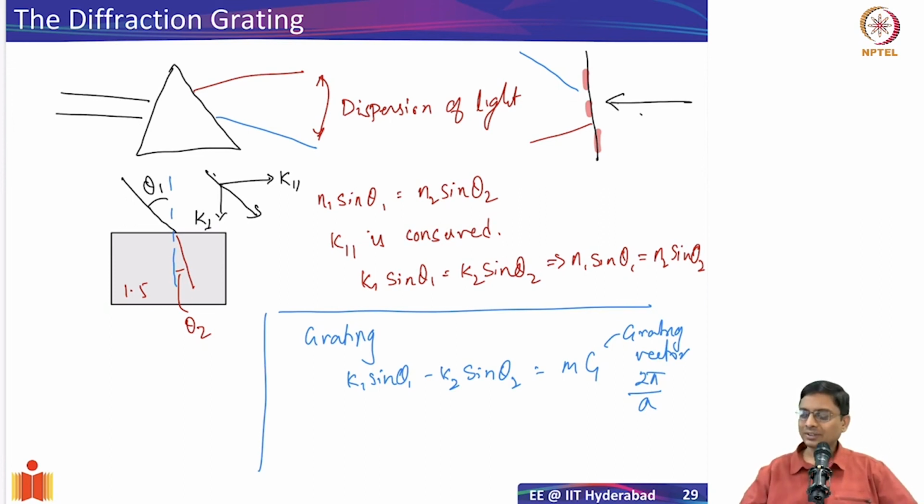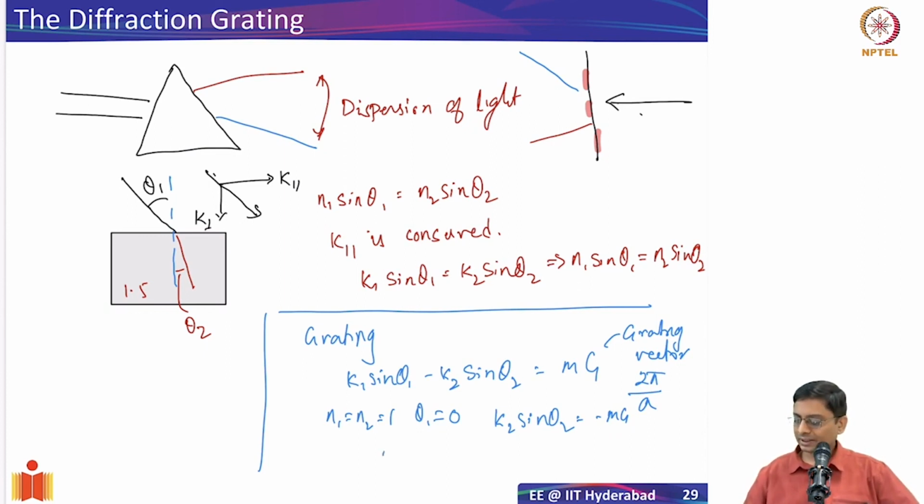So now let us consider the easiest case, n1 equal to n2 equal to 1 and theta 1 equal to 0. Immediately you see that k2 sine theta 2, I'll simply drop the negative sign because I can always drop that, equals m g, the grating vector. So g is 2 pi by a and k is 2 pi by lambda.